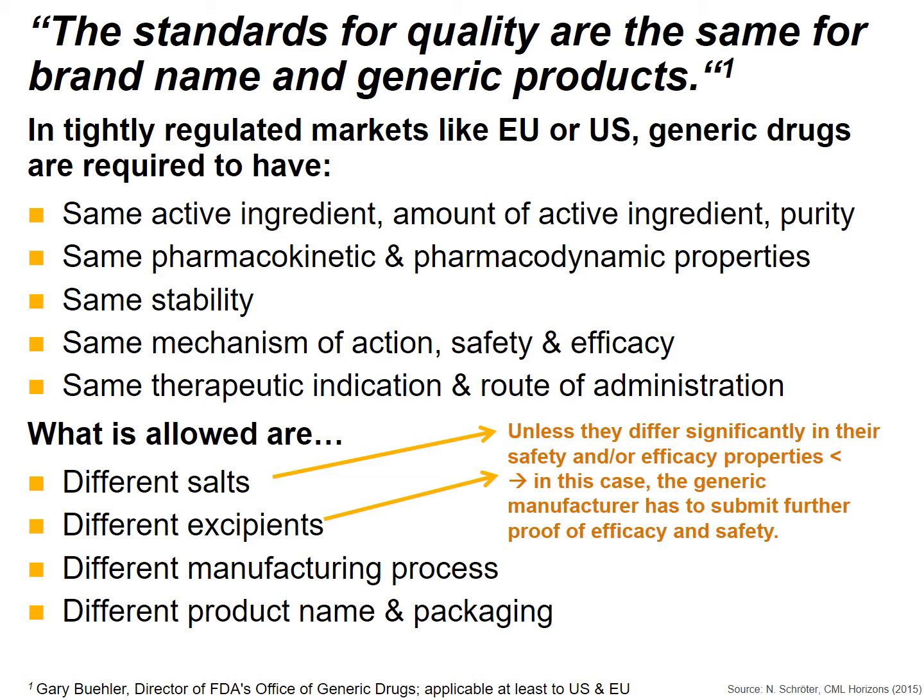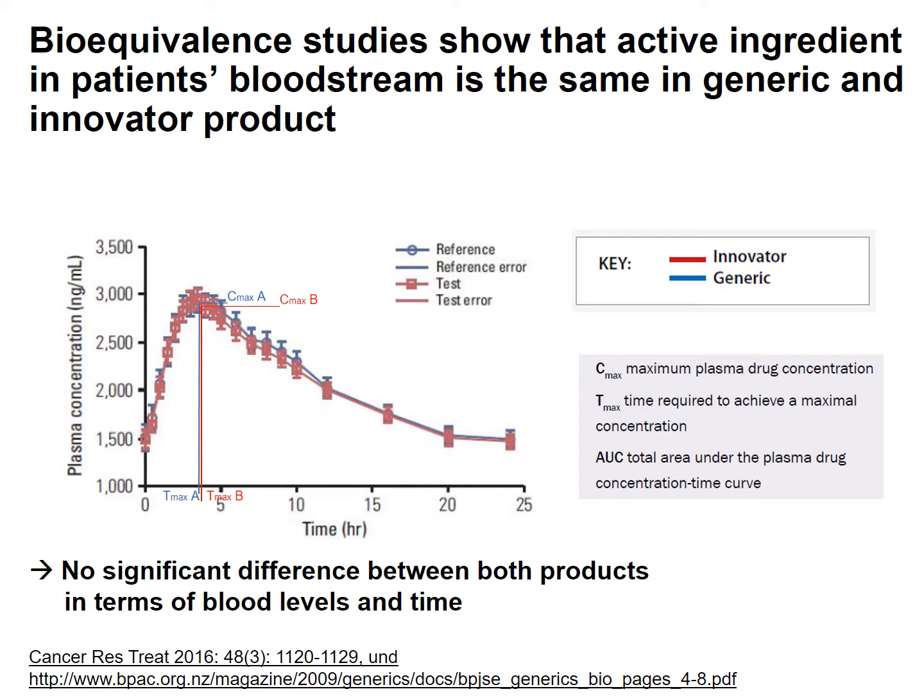There's no issue with different salts and different excipients unless there are significant differences in safety or efficacy. If there are differences in safety or efficacy, the manufacturer has to submit further proof of efficacy and safety to prove that this is the same. So more or less, these are the similarities and differences in terms of the products.